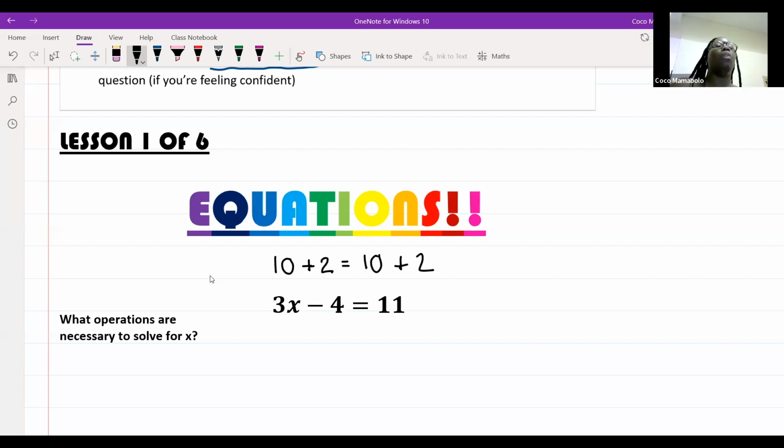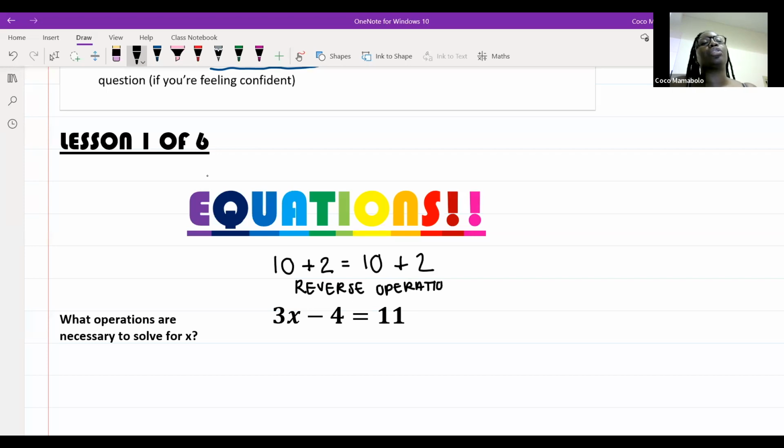Now, when we are looking at this particular question, when we're trying to solve for 3x minus 4, what I want to do in order to get this answer is reverse operations. I want to do some mathematical manipulation.